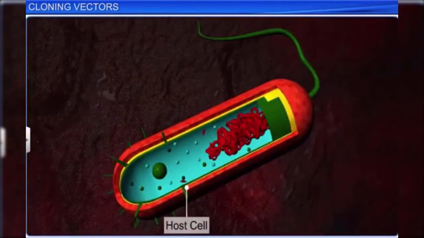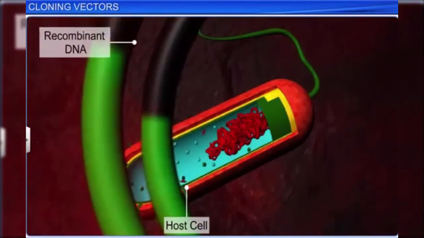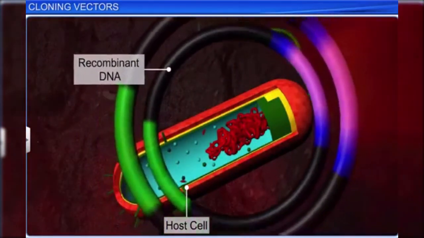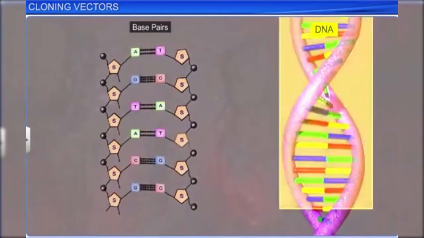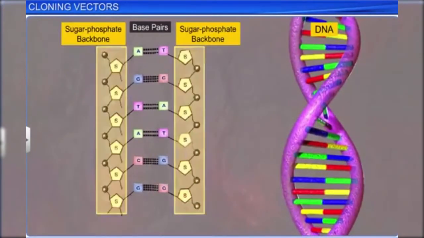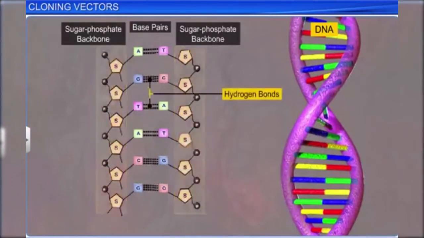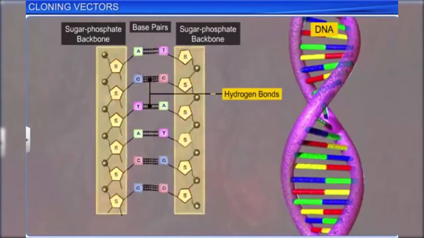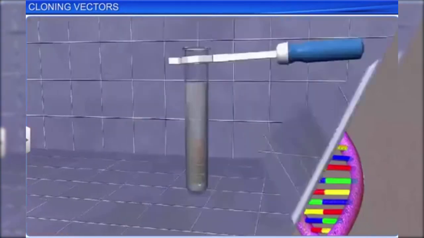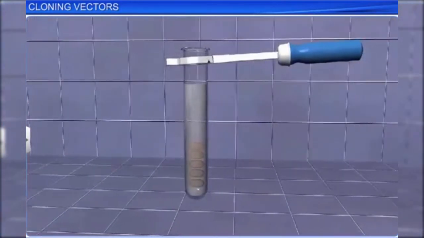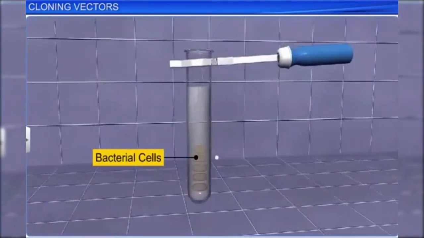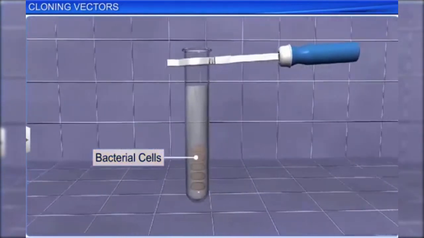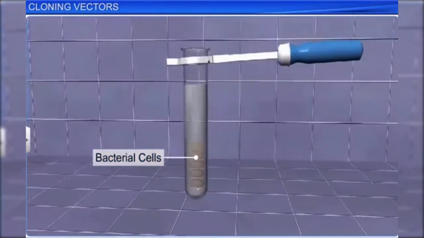Once we have obtained the recombinant DNA molecule using a cloning vector, another challenge is introducing this recombinant DNA into the host cells. In DNA, the deoxyribose sugar and the phosphates are hydrophilic in nature, therefore it cannot pass through the cell membranes. To overcome this problem, bacterial cells have to be made competent to take up plasmids. Therefore, they are treated with a divalent cation like calcium.